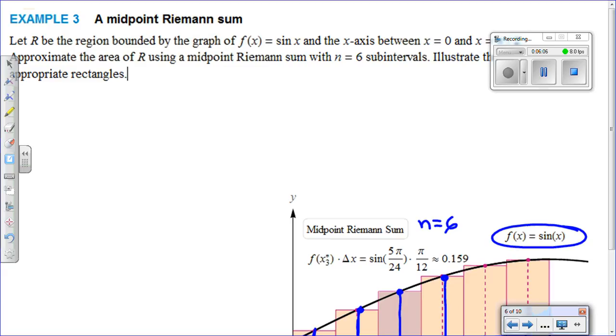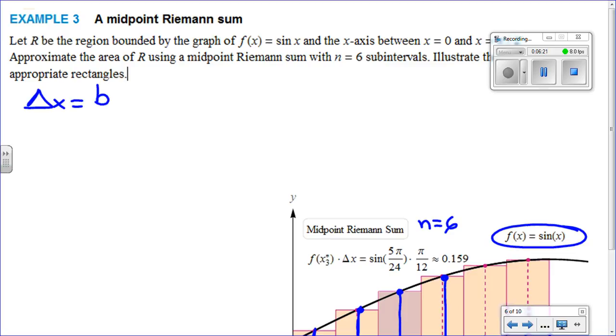By what you're about to see. What we're going to do first to find delta x, the width of each rectangle, is take the last value, the ending point, minus the first point, and then divide it by n.